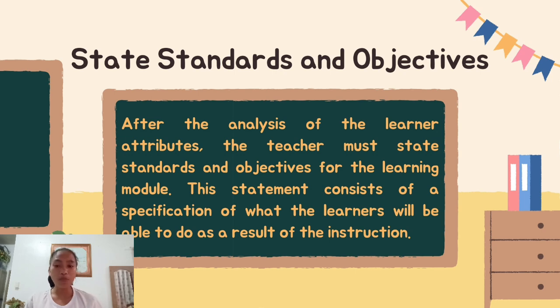The second step of the Assure model focuses on setting clear learning goals with state objectives. Teachers need to specify exactly what students should be able to accomplish after completing a lesson.